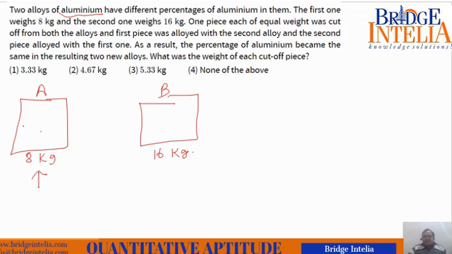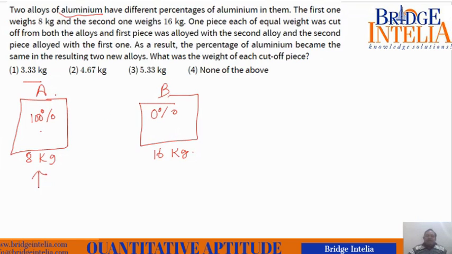So for the sake of simplicity, you can assume that this was 100% aluminium, this was 0% aluminium, because the answer does not depend on the initial values. So to keep mathematics simple, you can assume that this was entirely aluminium and this was 0% aluminium.